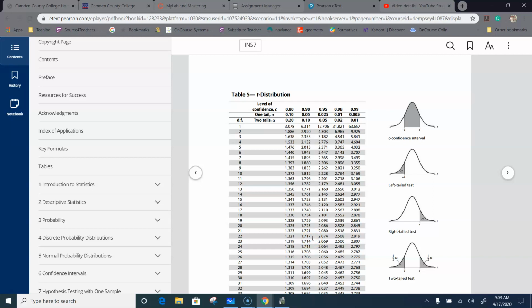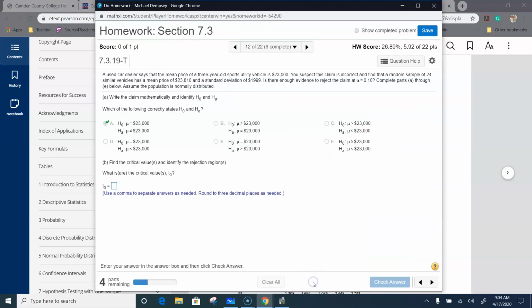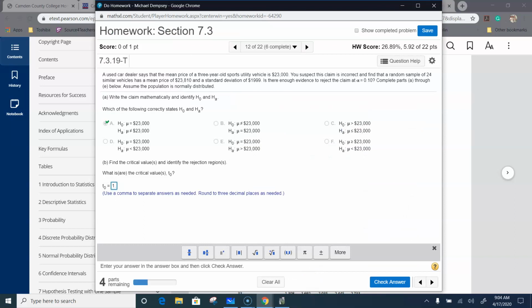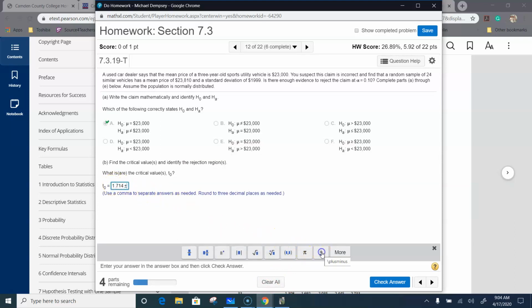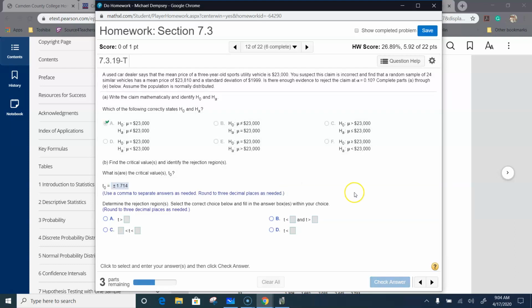I'll try to point it out. 23 and 0.01 in two tails, 1.714. Oh, I'm sorry, plus or minus, right? When it's two-tailed, we have to put that plus or minus in there. Otherwise, they're not going to be happy with that.